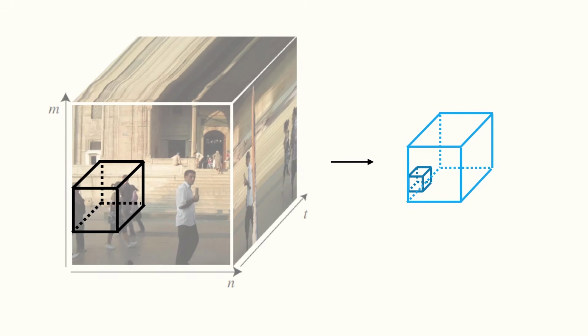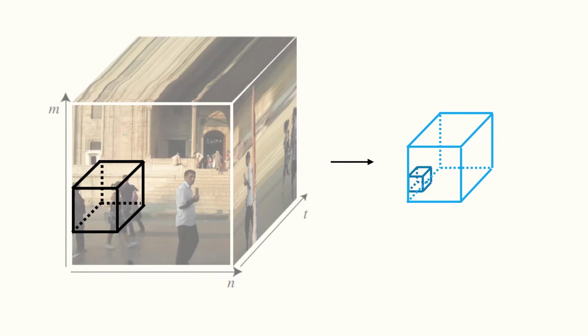Now, one thing that this gives you is that it makes you shift invariant in time, right? But you can imagine that for some types of recognition tasks, you don't want to be shift invariant in time. You don't want picking a cup up to be the same action as putting a cup down. If you had a really low frame rate, if you had this frame and that frame, and then maybe that frame and this frame, you want the fact that one happened before the other to matter.